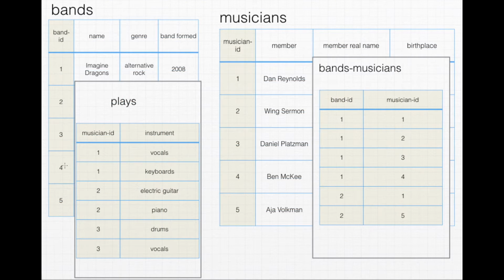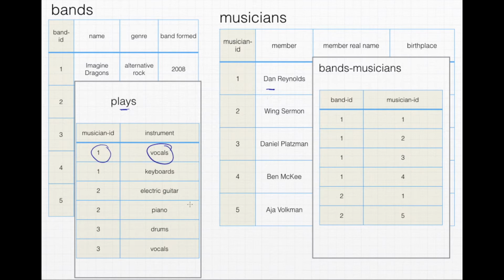Okay, and now here I'm showing how to encode when one person plays multiple instruments. So here I have Dan Reynolds. He's a vocalist and a keyboardist, so I represent it in this little plays table I have. So musician 1, in this case Dan Reynolds, plays vocals.